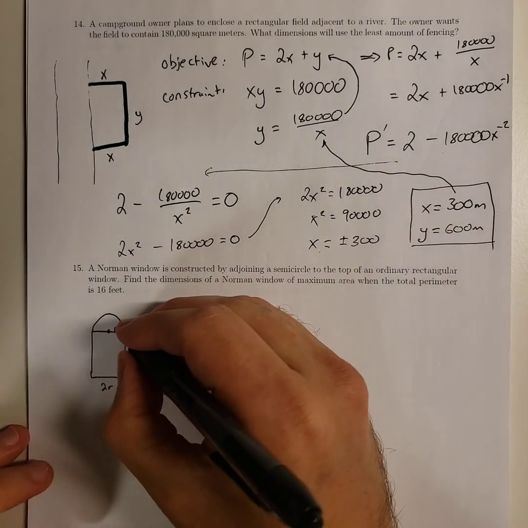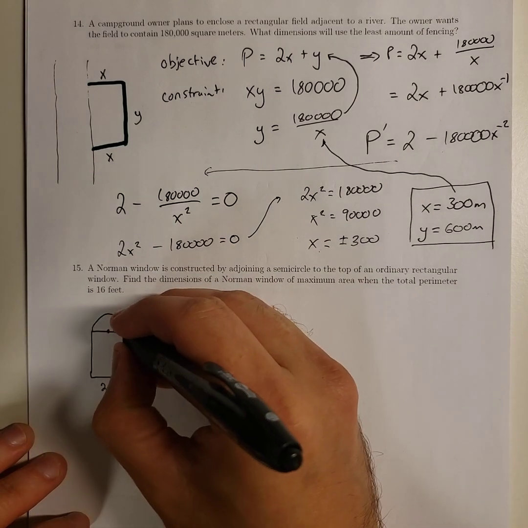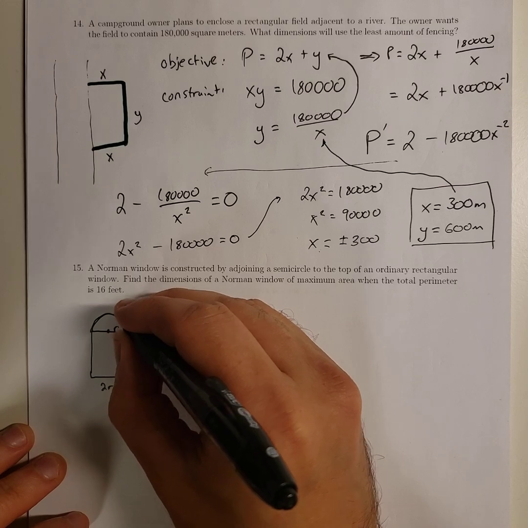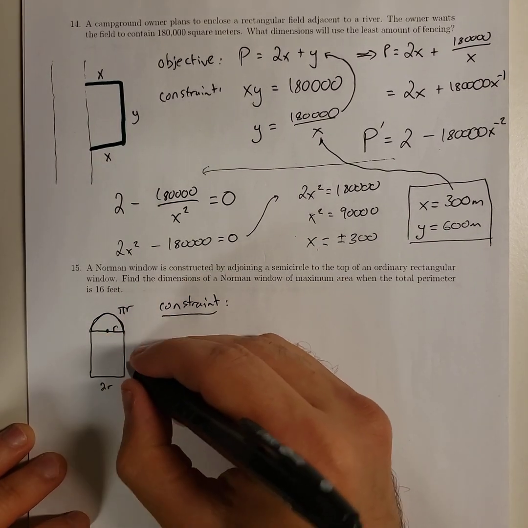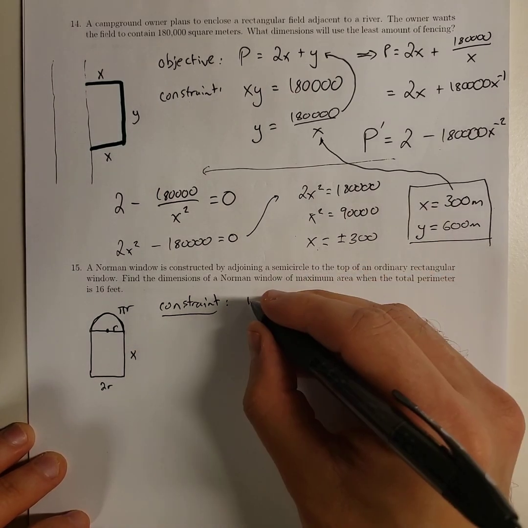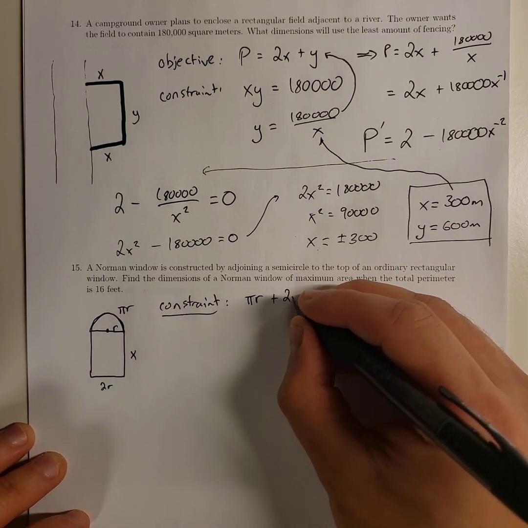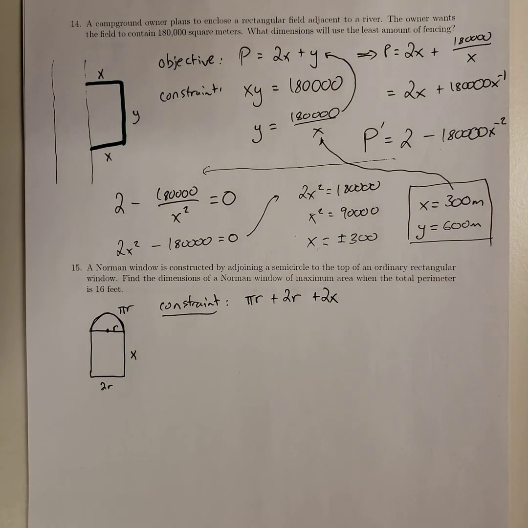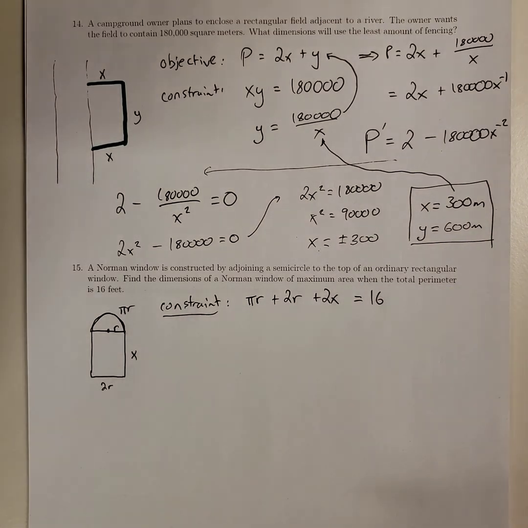But since we're just looking at a semicircle, it'd be half of that. But half of the diameter is already the radius. So this distance here, going around, is pi times r. And then we need another variable for the two sides here, so we'll call that x. So our total perimeter here is pi r, 2r, and 2x's. So all that together is the perimeter. And we want that to be 16, so that's our constraint equation.